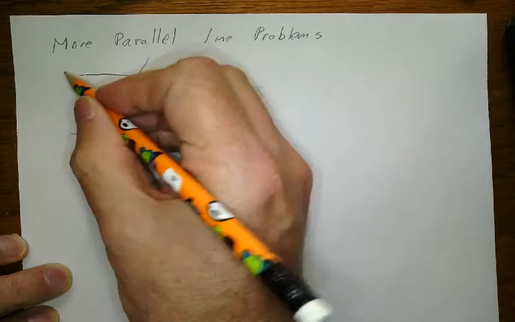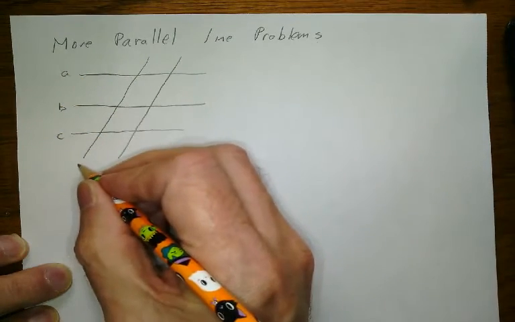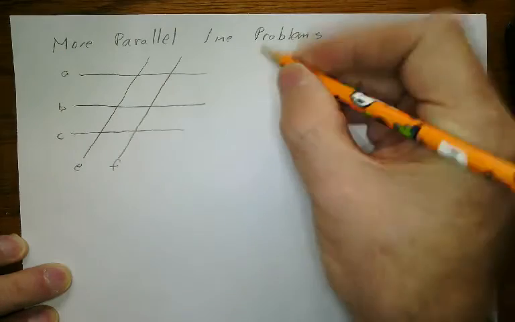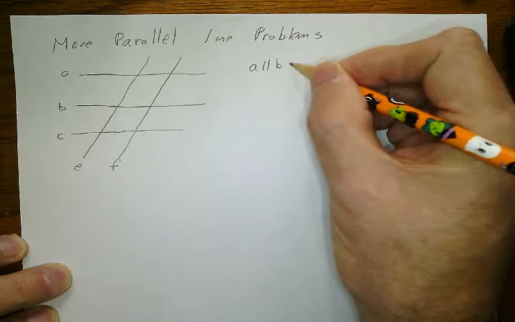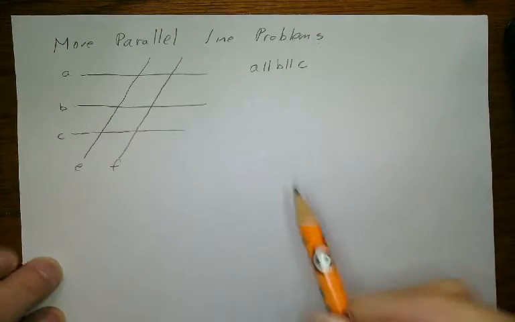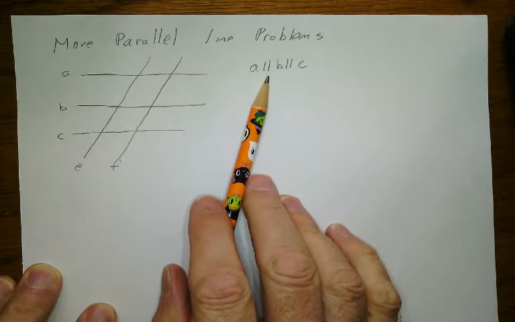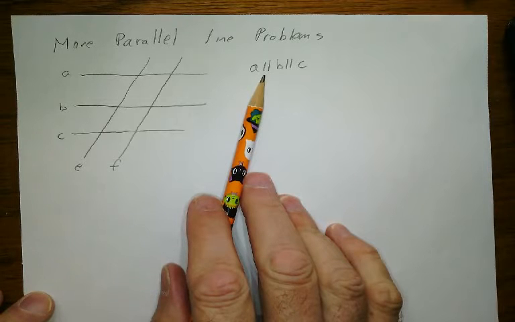Let's label these lines A, B, and C, and these ones down here, E and F. So line A is parallel to line B is parallel to line C. I think in the last video, I forgot to tell you that that's the symbol for parallel, two little vertical lines.